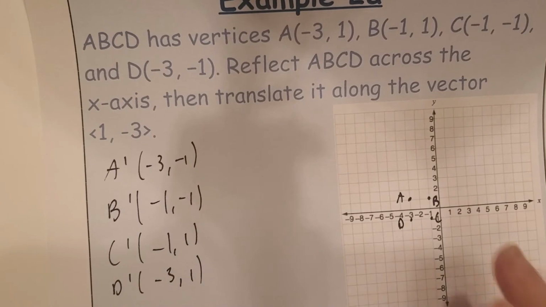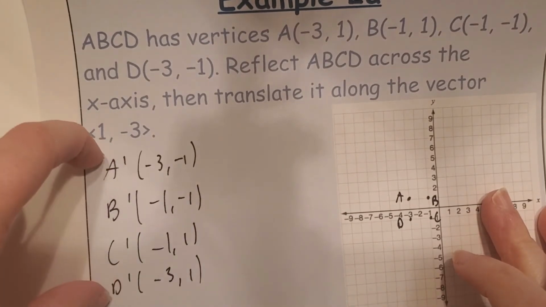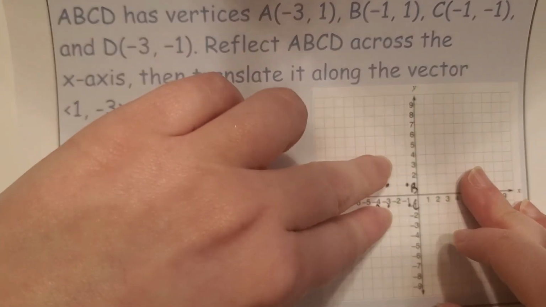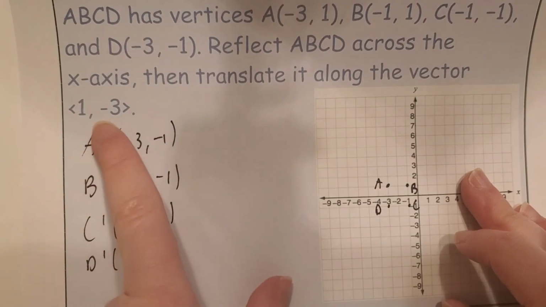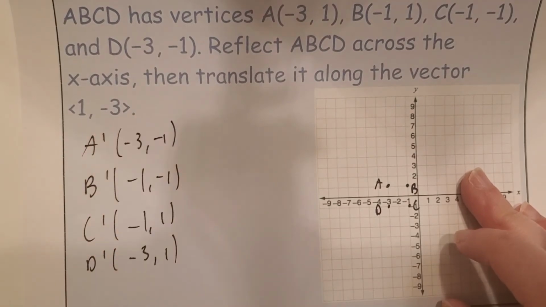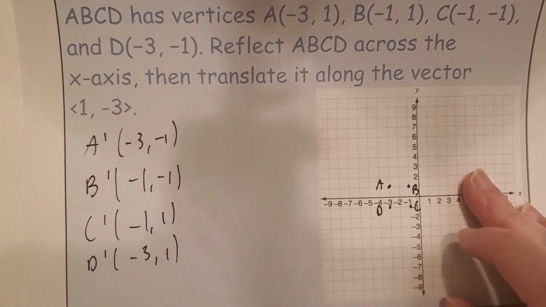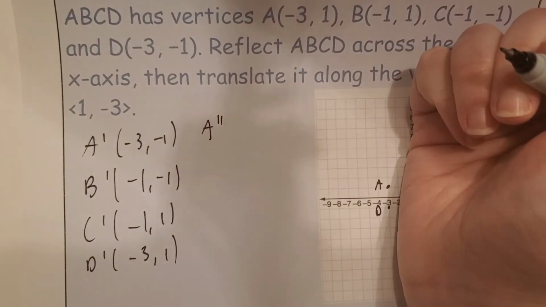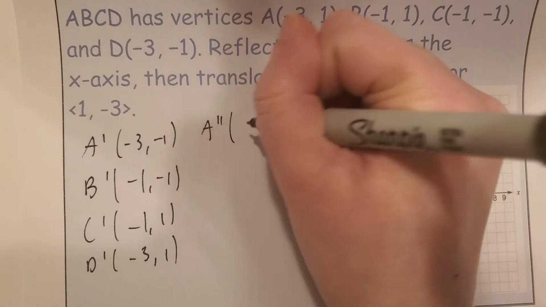But before we do that, anybody who is graphing these 4 points while you're doing this, it's going to be right on top of the figure that we just did. So that's why you're also translating it along this vector, so it's in a different place. And again, we're just adding all these numbers or subtracting them from the prime points.